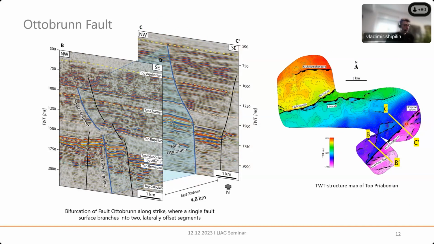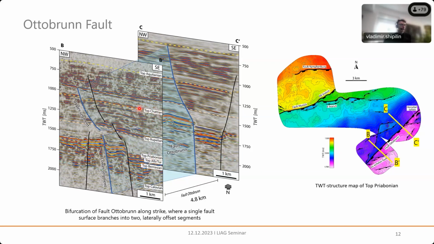And as we move along strike to southwest, we see that the fault bifurcates into two vertically separated segments that have a distinct lateral offset. So here we observe an along-strike variation in geometric coupling between the deeper structural level, which is represented by top Purbeckian, and the shallow structural level, which is represented by top Chattian.